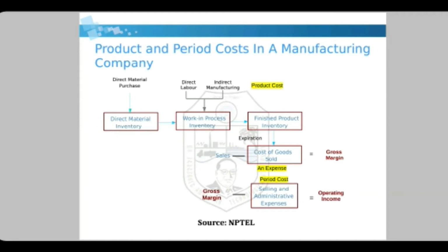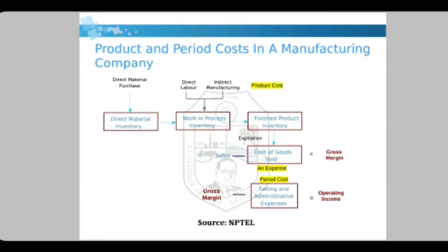Now you have produced 100 cupboards, let's say. Out of 100 cupboards you are selling only 10. So those 10 cupboards will be cost of goods sold, and the remaining 90 cupboards will be in your inventory, like you are storing them and will sell them after some time.